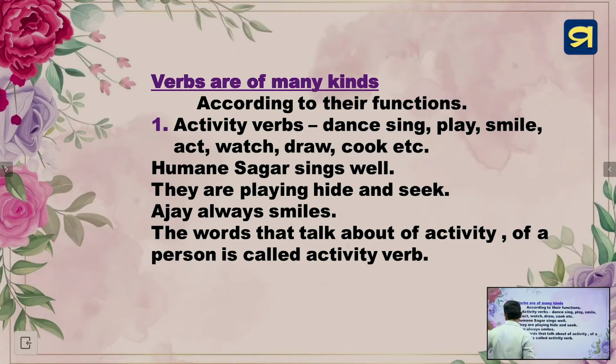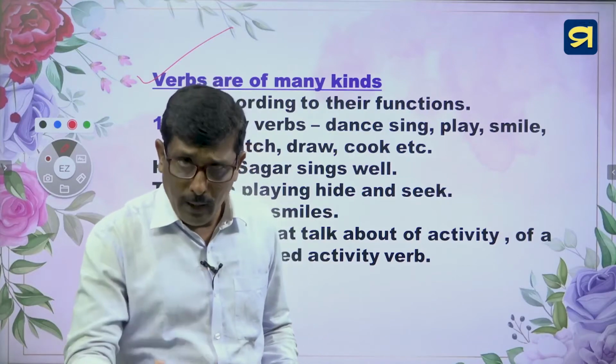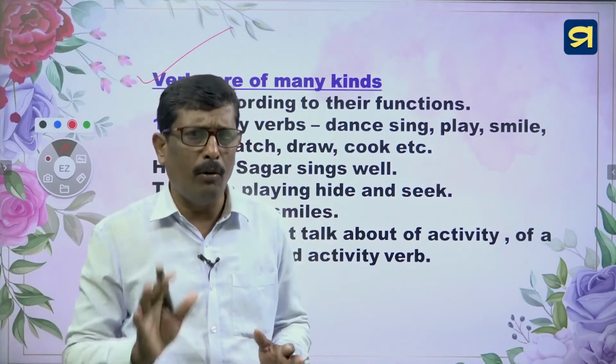Then we are going to discuss how verbs are of many kinds. Dear students, you might have heard different kinds of verbs. You might have heard about transitive verb and intransitive verb, finite verb and non-finite verb. But we are not going to discuss them.